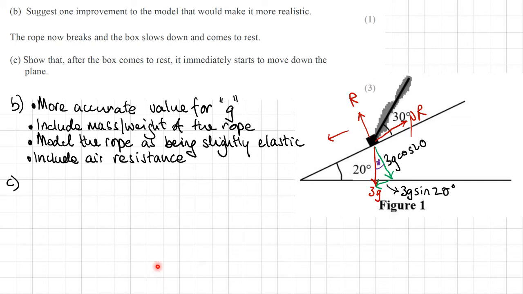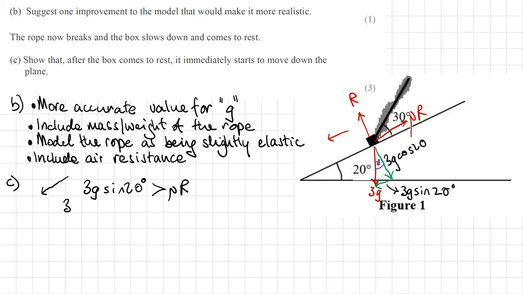Now if it's going to move down the plane like this, it means that those downwards forces have to be greater than the upwards force. So now the only downward force is 3G sin 20. For it to slide down, that needs to be greater than the force going up, which is mu R.